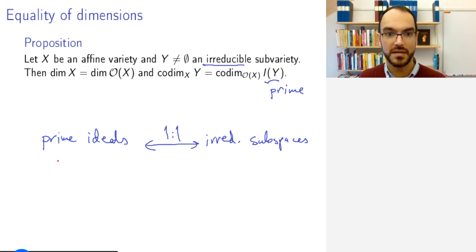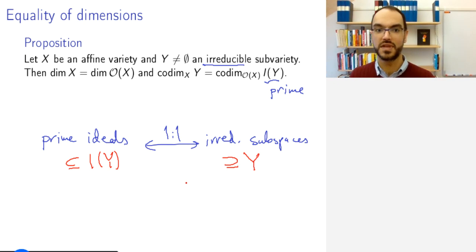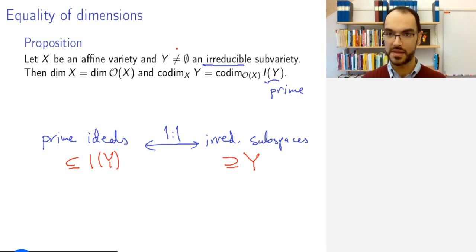And prime ideals contained inside I of Y correspond to irreducible subspaces containing Y. Again, because of the inclusion reversing business, the statement about the codimension holds as well. So now we have these two notions of dimension, and we can work with them to prove some interesting properties of affine varieties.